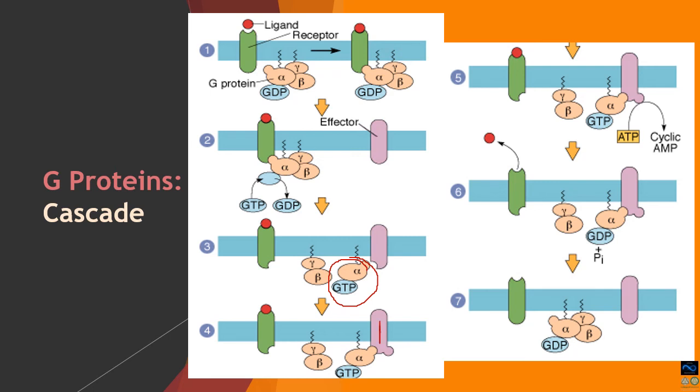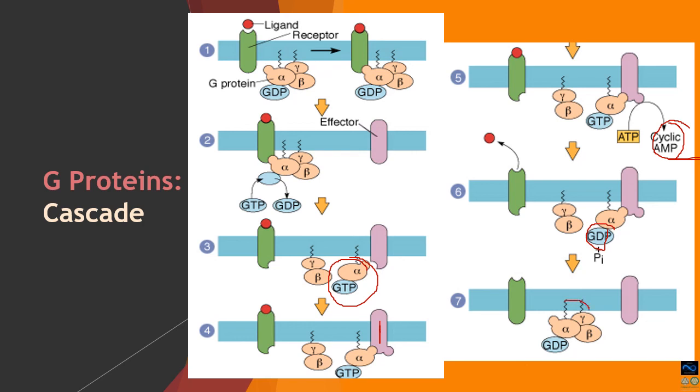This, when activated, goes to the effector protein and in turn activates it. For example, here it is adenylyl cyclase, which leads to the production of more and more cyclic AMP, which acts as a second messenger for relaying the information inside the cell. And later on, because of its own GTPase activity, GTP is hydrolyzed back to GDP, and this enables the alpha to have a higher affinity for the gamma and beta.